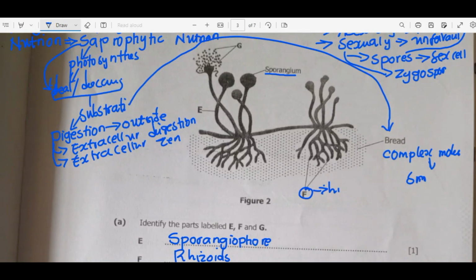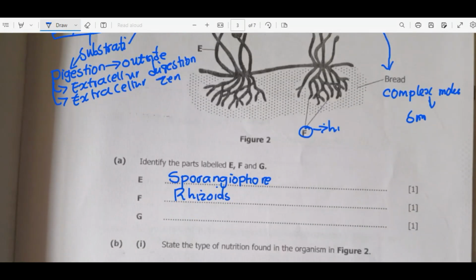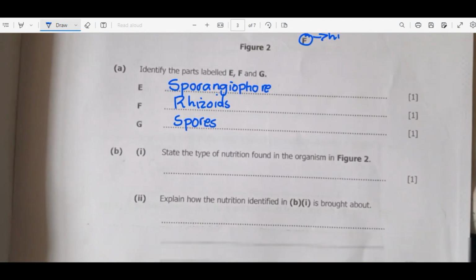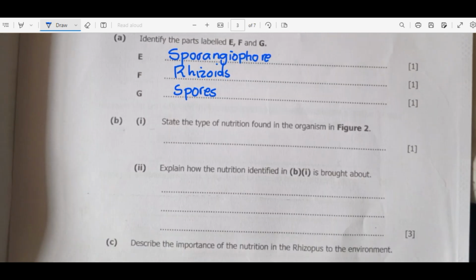We have G, which is spores. Then we move on to question B1. State the type of nutrition found in the organism in figure 2. So we said it is saprophytic, because it depends on dead organisms.